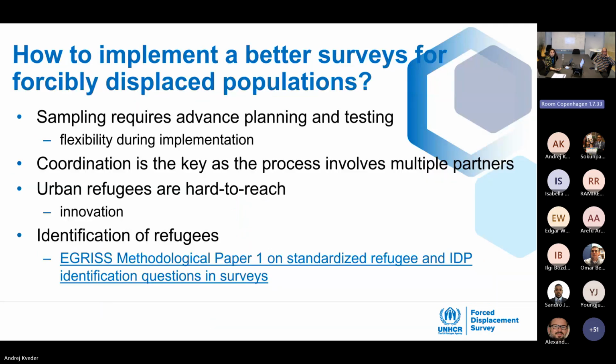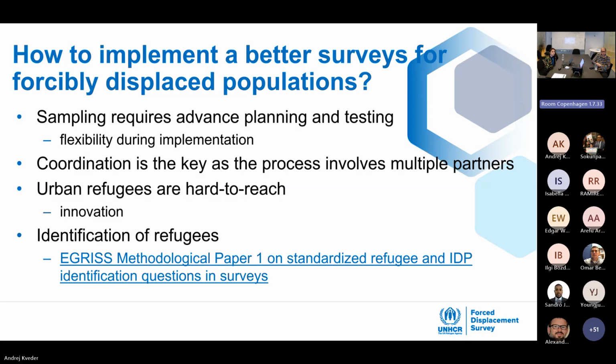Just to finish on the implementation: in the last years, we gained a lot of experience, and we were thinking, what kind of points can we draw from all of this, and how can we implement better surveys for forcibly displaced populations? As Andrej talked through, sampling is always very challenging.